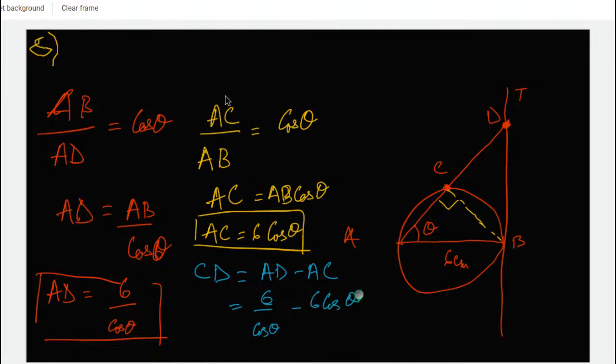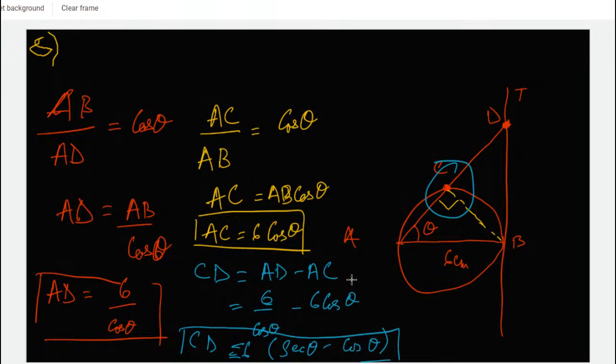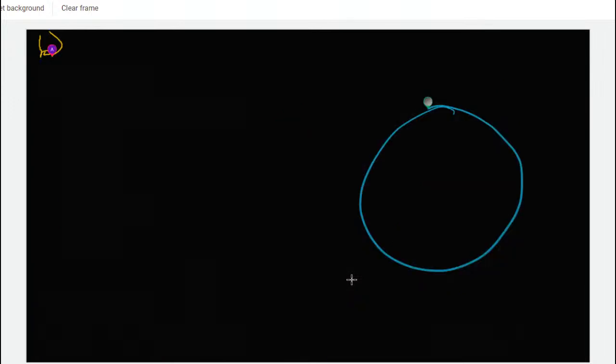Alright, so if I take 6, the only thing was realizing that this particular angle would be 90 degrees. I've got a diameter. From the diameter, whatever point I draw, this would be 90 degrees.